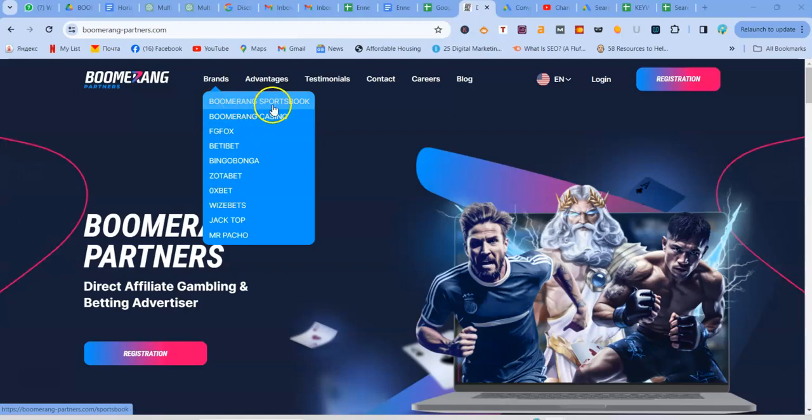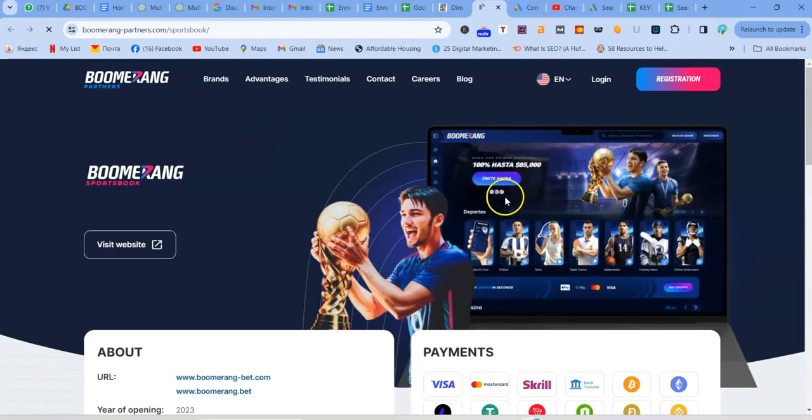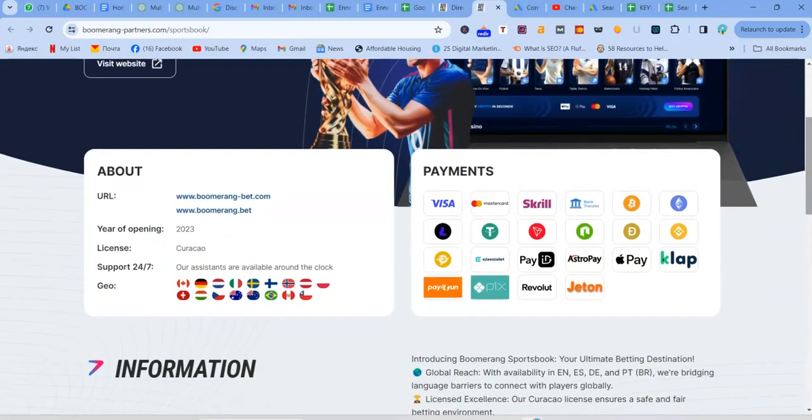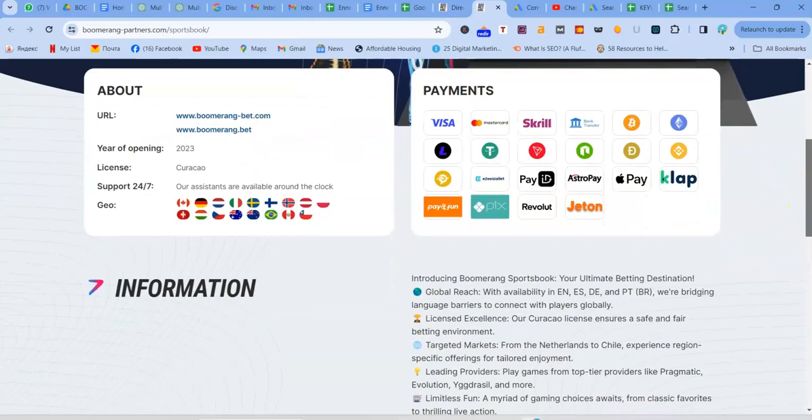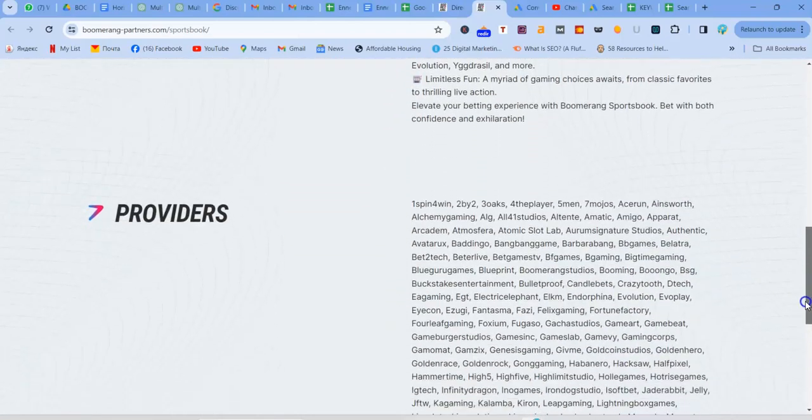So there's Boomerang Sportsbook, Boomerang Casino. Maybe we can just open up to see what they offer. And you see there's also a page to register, and various forms of payment methods that you also have.